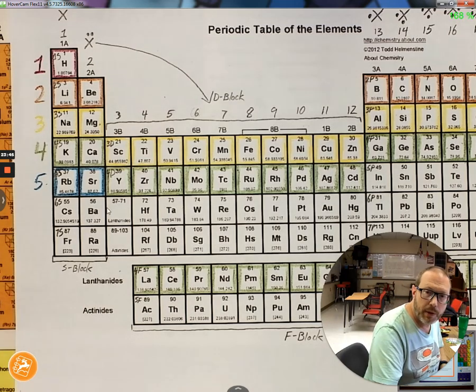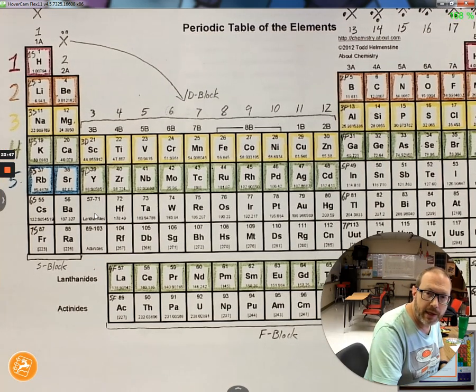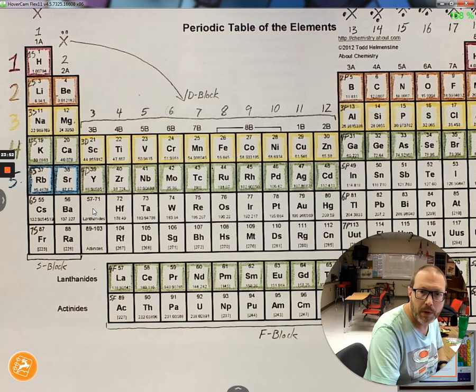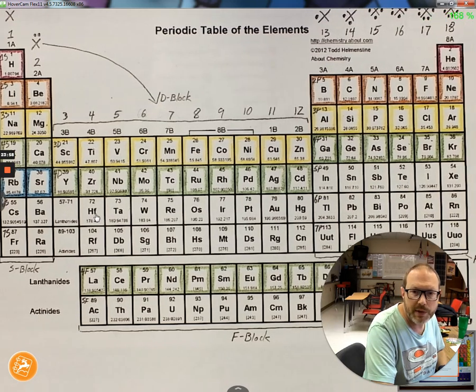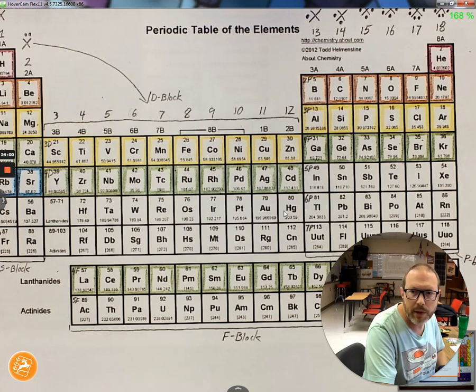Now, don't color this square right here. Leave this square 57 through 71 blank. Okay? And I will show you why here in just a minute, but we're going to get hafnium up through mercury.